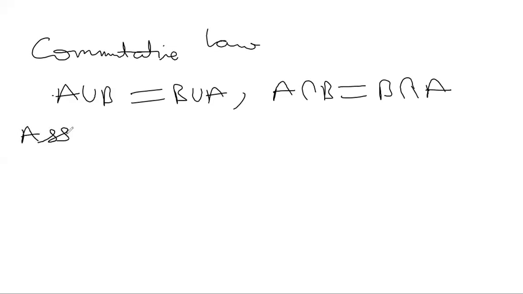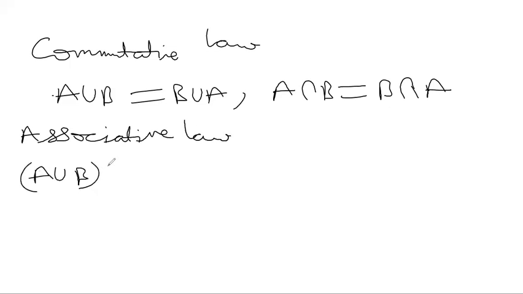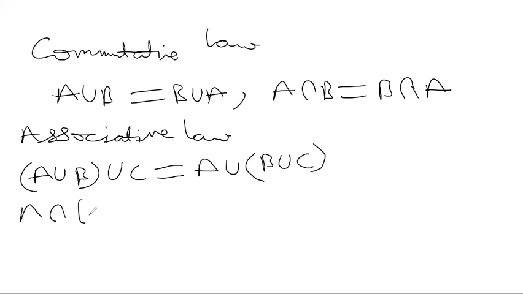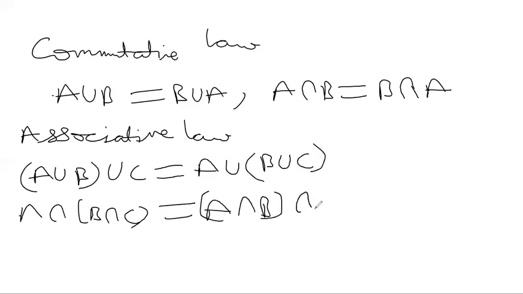I will talk now about associative law. This is called associative law. What is it? A union (B union C) is equal to (A union B) union C. In the same way for intersection also, A intersection (B intersection C) is equal to (A intersection B) intersection C. This is called associative law. This is also to be remembered.